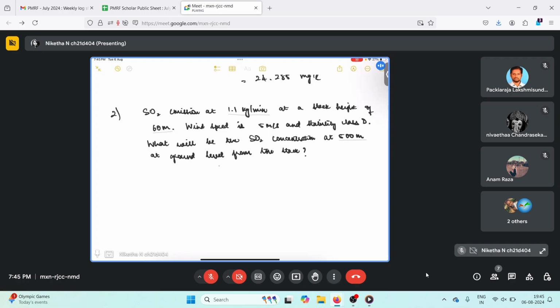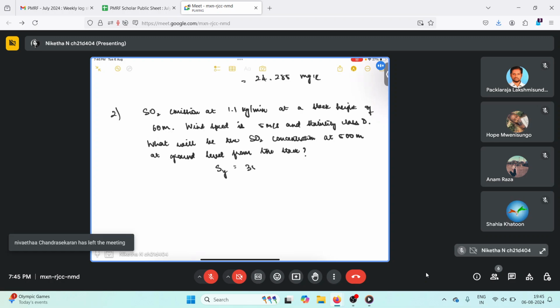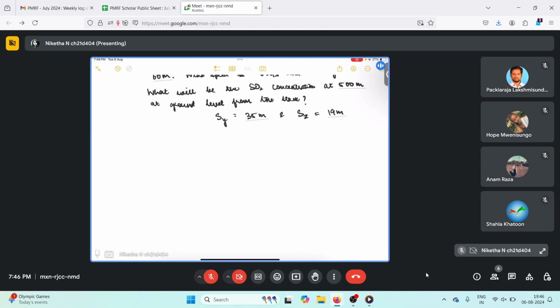So since it is stability class D, your standard deviation SY is going to be 35 meters and SZ is going to be 19 meters. So, can you recall this Gaussian dispersion formula?